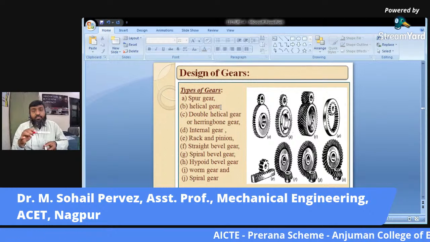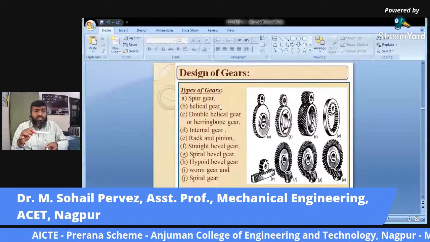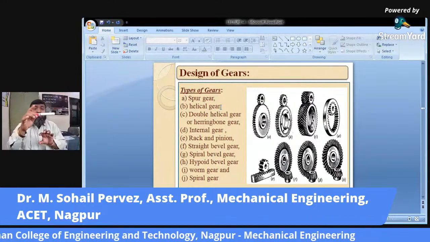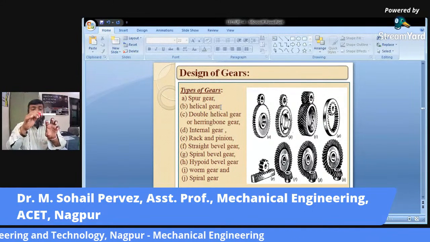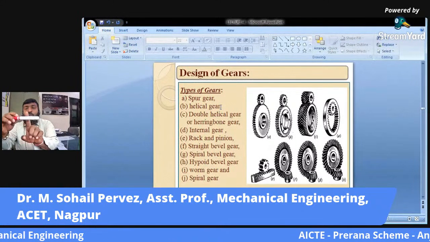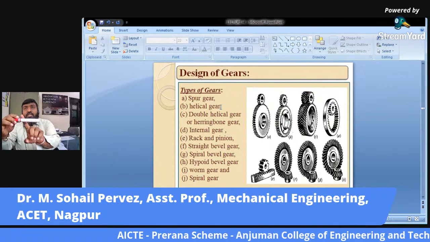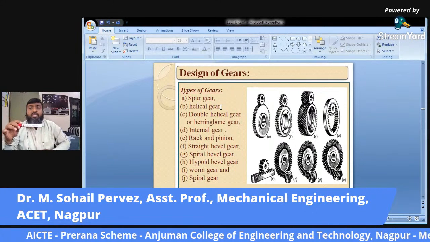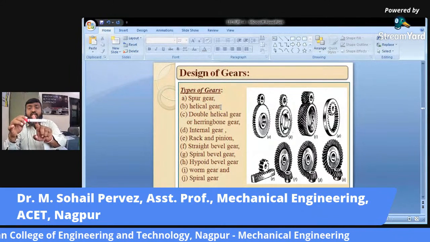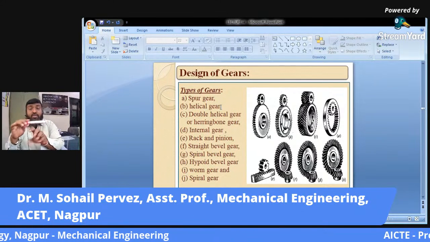A worm gear is a simple arrangement of a worm rod and a circular gear. On this worm rod there are a number of teeth, which for a rod we usually call threads. So one or two or three threads are there. They mesh with the gear tooth profile and transmit power.